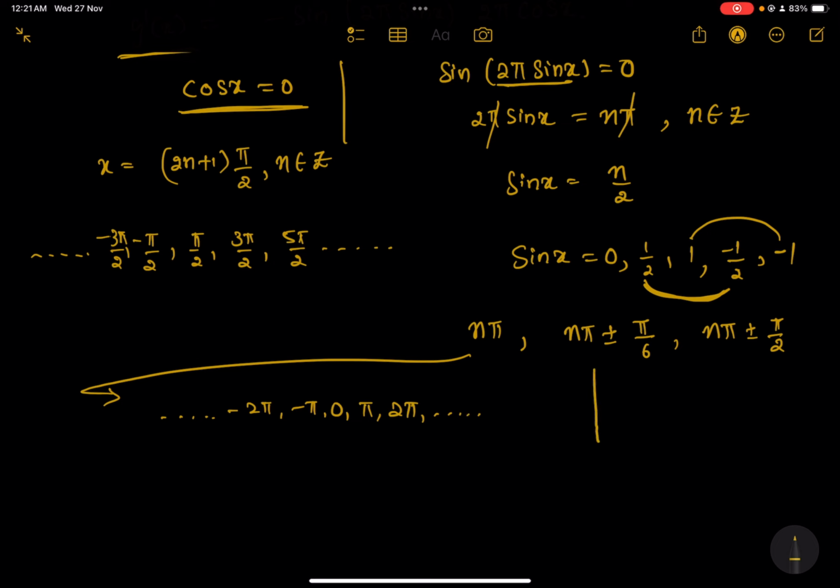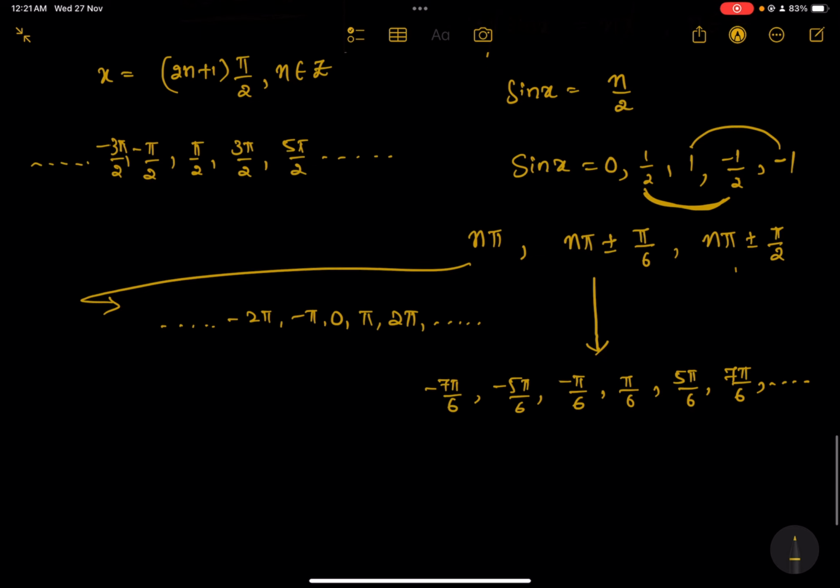So for this, when n is equal to 0, x will be minus pi by 6, pi by 6. When n is equal to 1, pi minus pi by 6, 5 pi by 6, 7 pi by 6, and so on. When n is equal to minus 1, minus 5 pi by 6, minus 7 pi by 6. Similarly for this, when n is equal to 0, minus pi by 2, pi by 2.